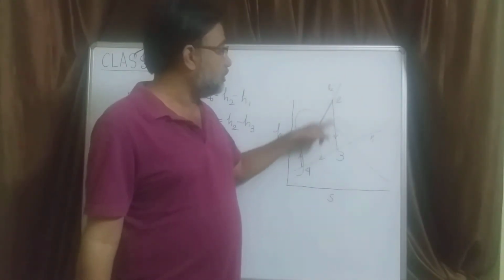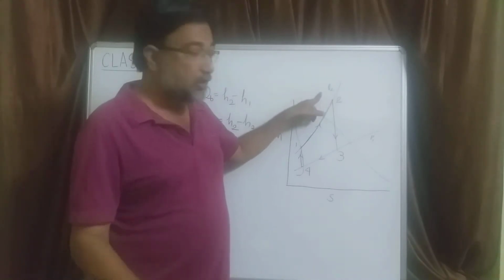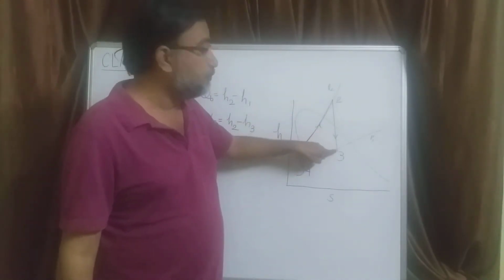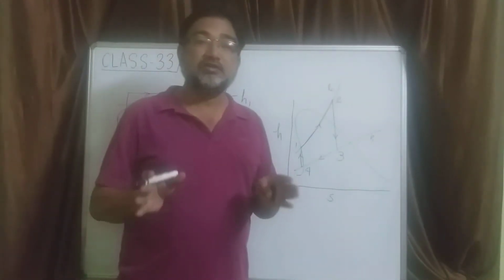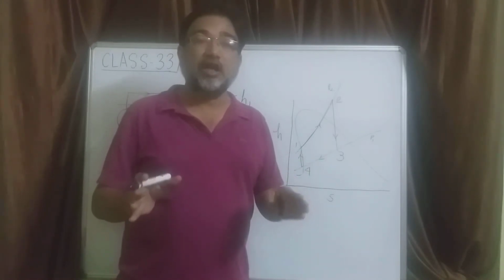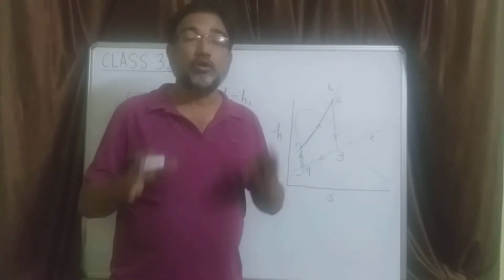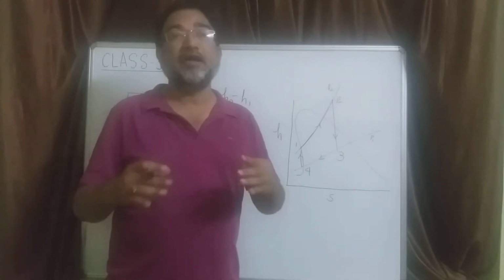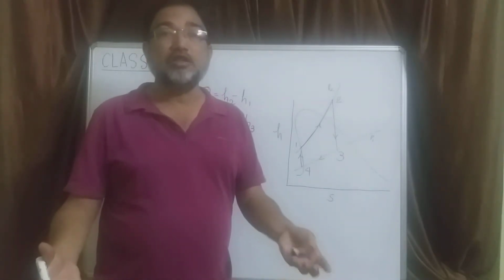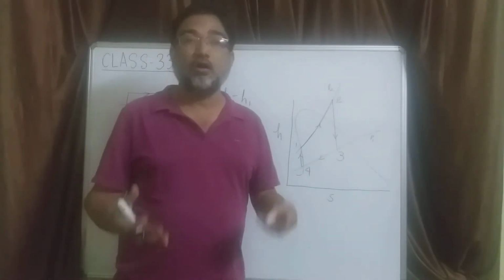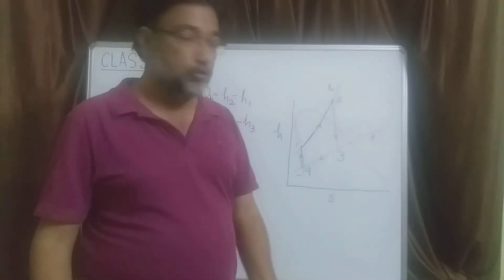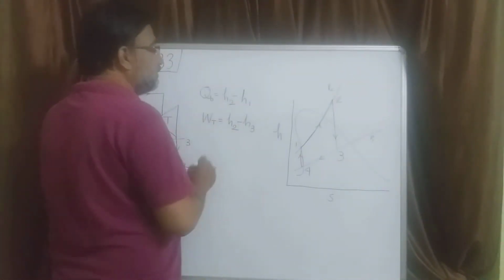So the enthalpy of steam in the turbine drops from H2 to H3. Where has this much enthalpy gone? This enthalpy drop appears in the form of WT, or useful mechanical work output. So work output is H2 minus H3.